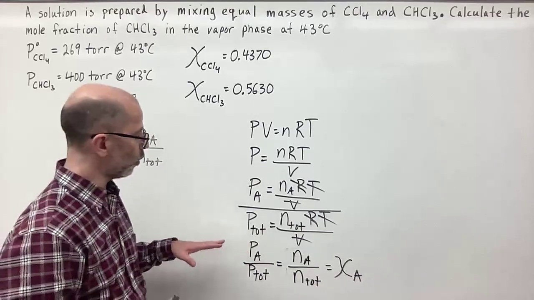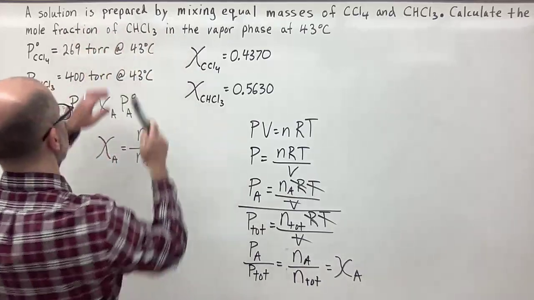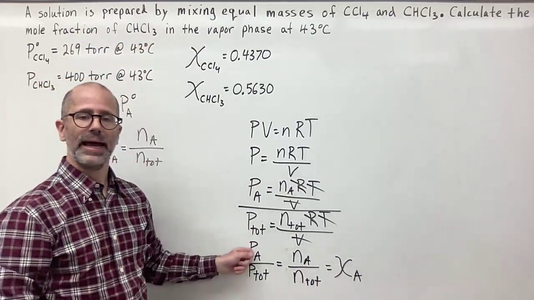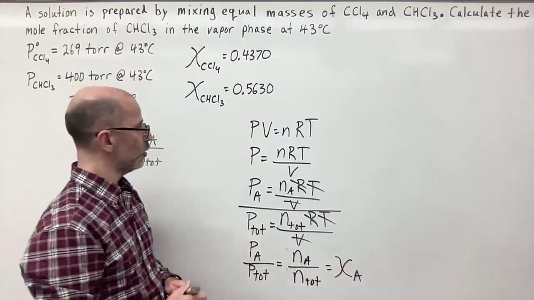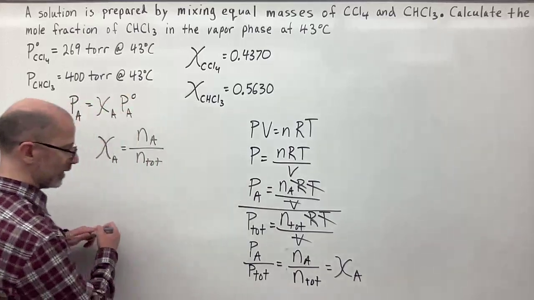So in order for us to find the mole fraction of CHCl3, all we need to do is find the total pressure and the partial pressure with regard to CHCl3. So let's go ahead and do that. I'm going to write that over here.